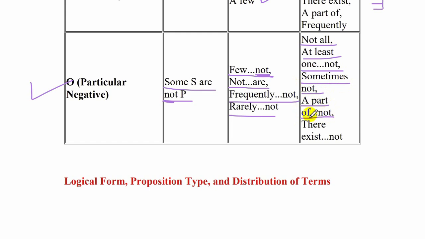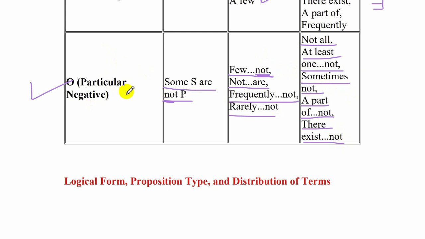A part of the students are not intelligent, which means some are not intelligent. There exists at least one student who is not tall. Okay, so the sentence can come in any way.